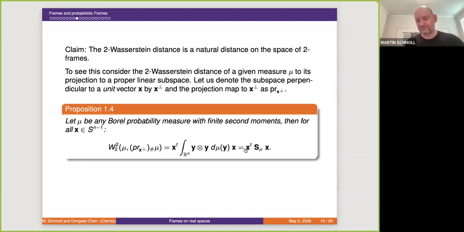So this matrix encodes particular Wasserstein distances. They are all very naturally in there.